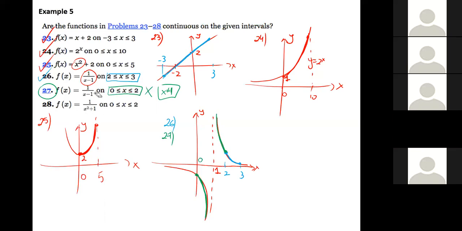Okay, and the last one, probably we don't really know how the function looks like. We will probably not expect you to know, but we can see the denominator is x squared plus 1. Since it's plus, minus would give us problems when it's minus 1. But if it's plus 1, the function is simply defined for all numbers, because the denominator will never be 0. I can show you the graph.